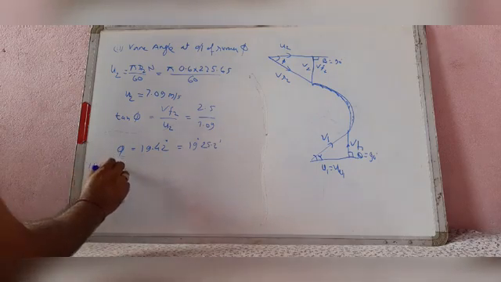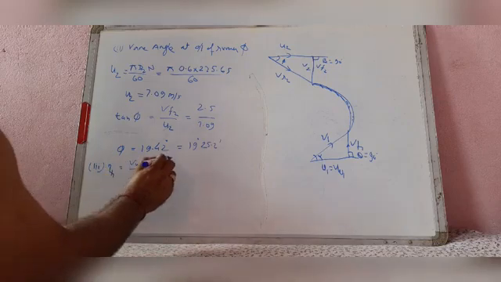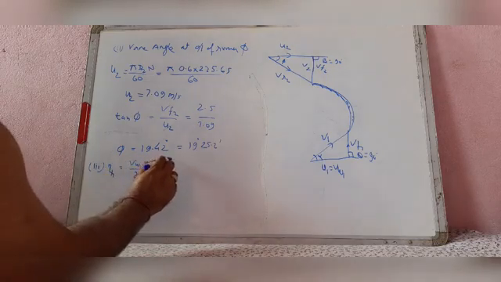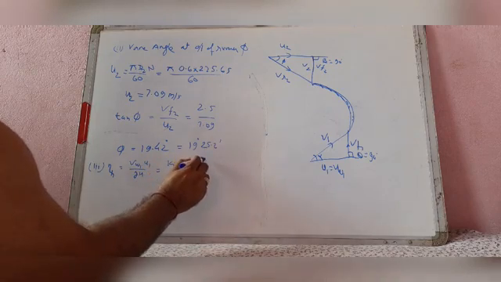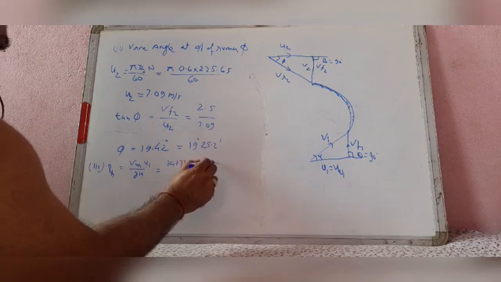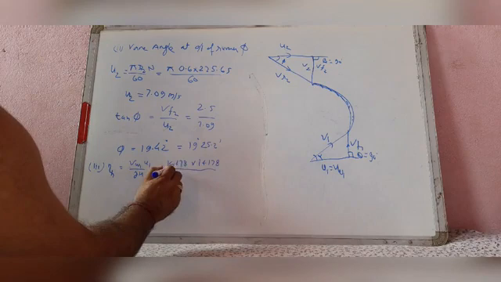The hydraulic efficiency equal to VW1 U1 by gH, putting the values here: 14.178 into 14.178. Both VW1 and U1 are the same.